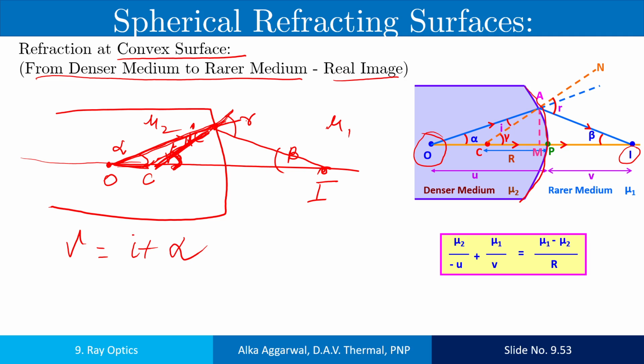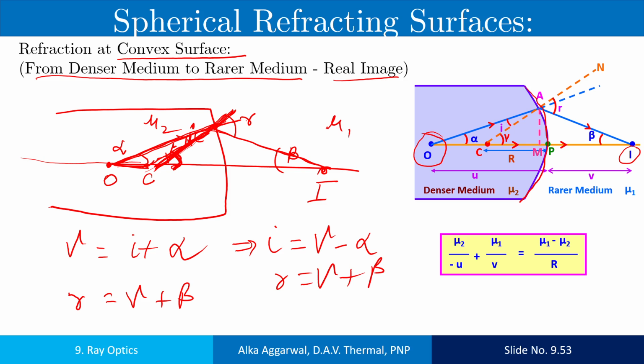And in this triangle, this is R. R is an exterior angle. So R is equal to gamma plus beta. From this, I equals gamma minus alpha, R equals gamma plus beta.